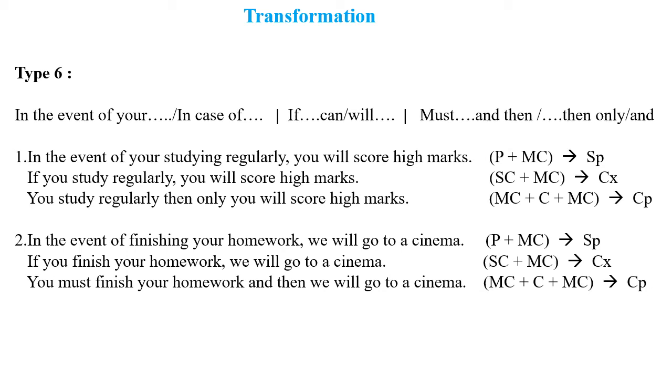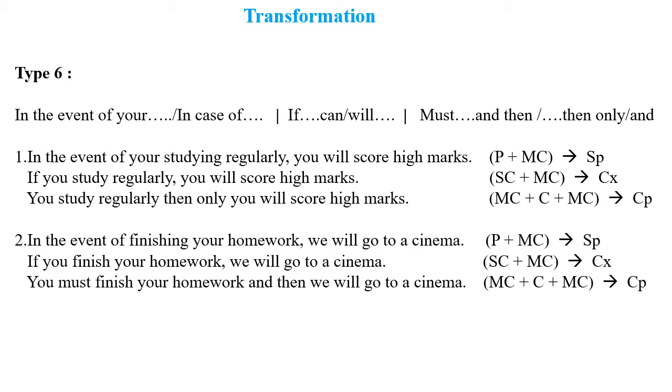Next, type 6, condition and possibility. For simple sentence, in the event of or in case of; complex, if, can or will; compound, must, and then only. In the event of your studying regularly, you will score high marks. A phrase and main clause, simple sentence.